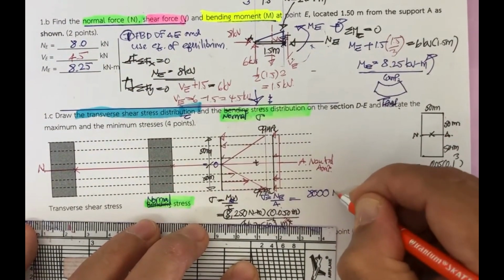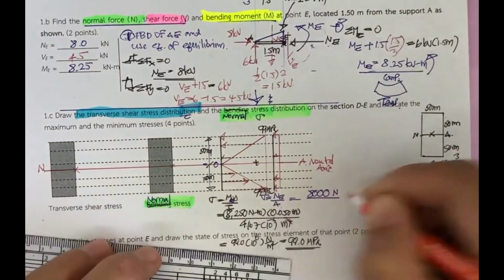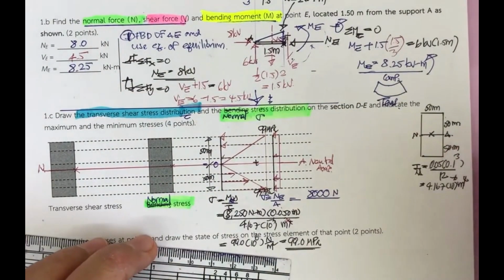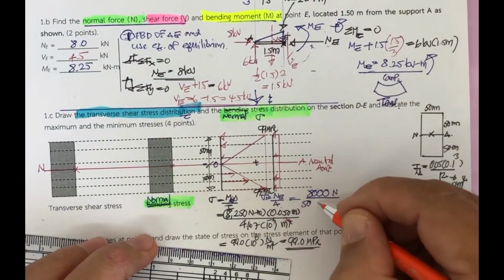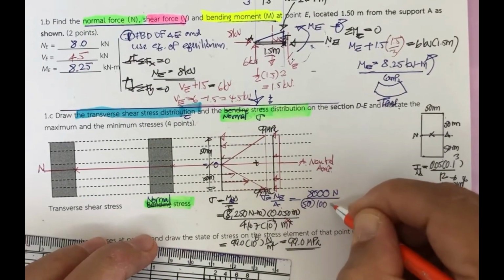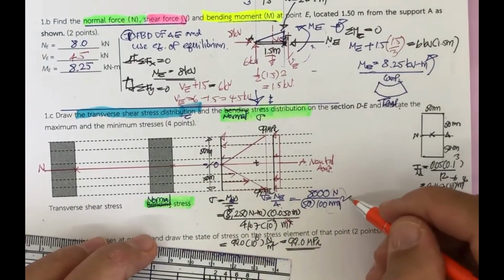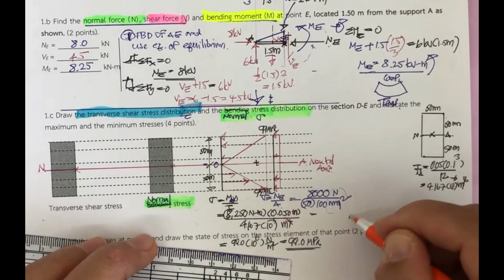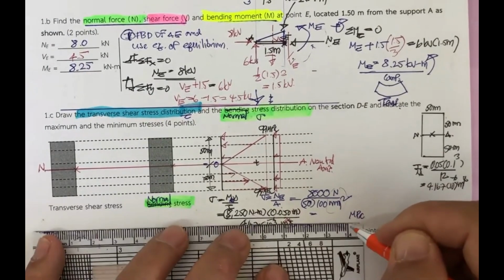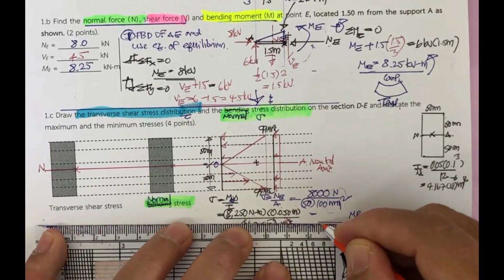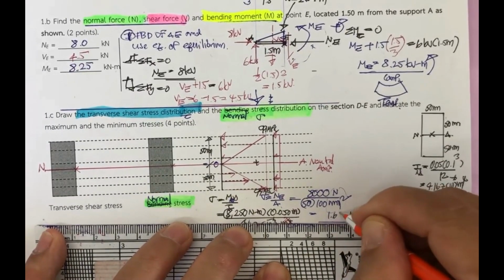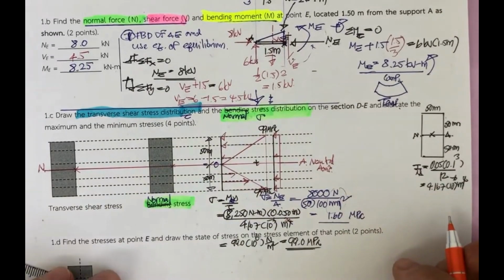If you divide by the section, 50 by 100 millimeter square, and you know Newton per square millimeter, you get it in megapascal. So put them together, this one is 1.6 megapascal.